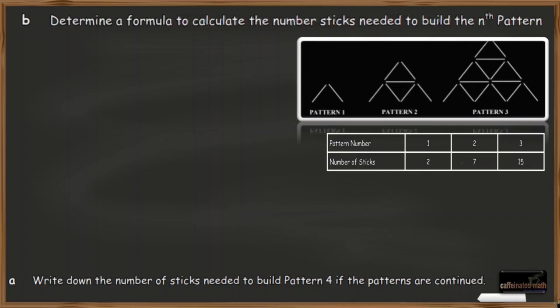Well, if I have a look at the questions over here, we'll see we'll need to investigate this pattern over here. So 7 minus 2 gives us 5, 15 minus 7 gives us 8, and that gives us 3.